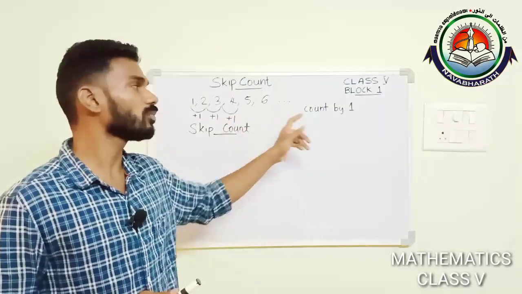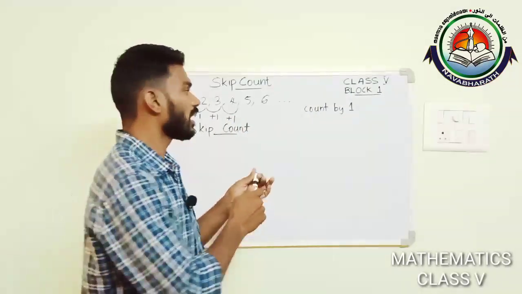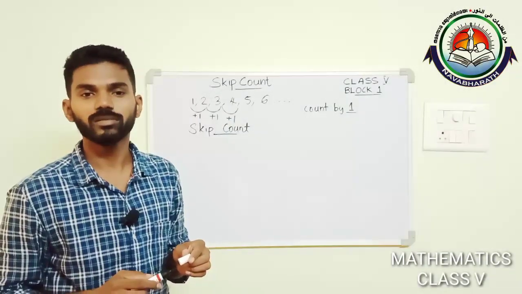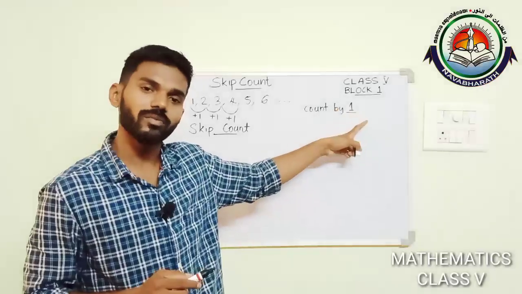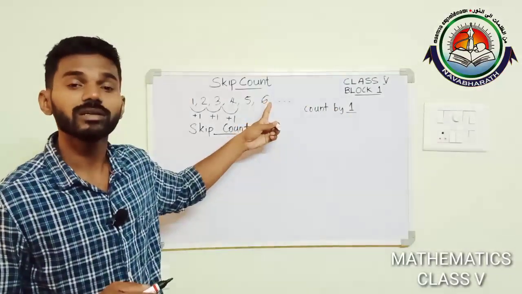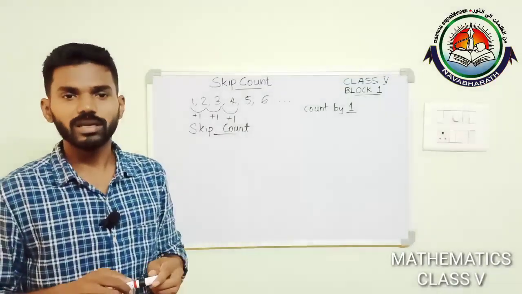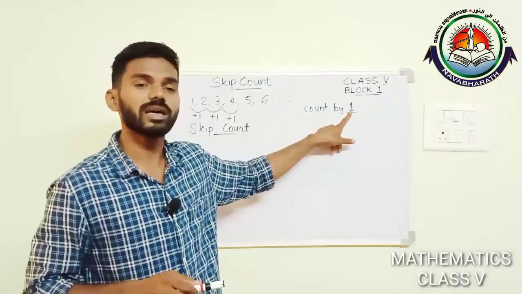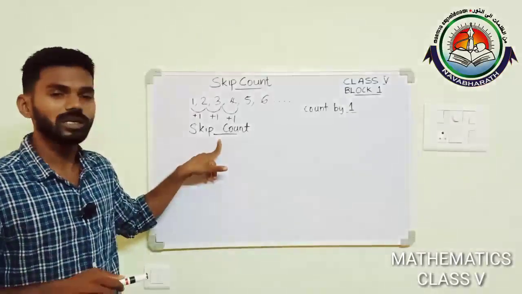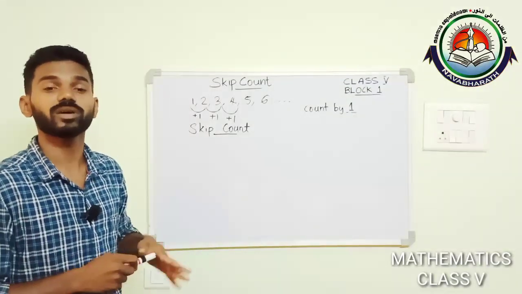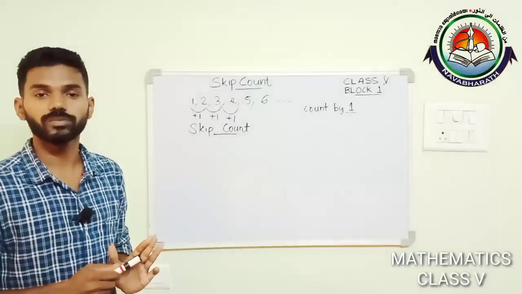We can count by any number other than 1. If it is a count by 1, then it would be called counting numbers. And if we are adding any number other than 1, then it would be considered a skip count.